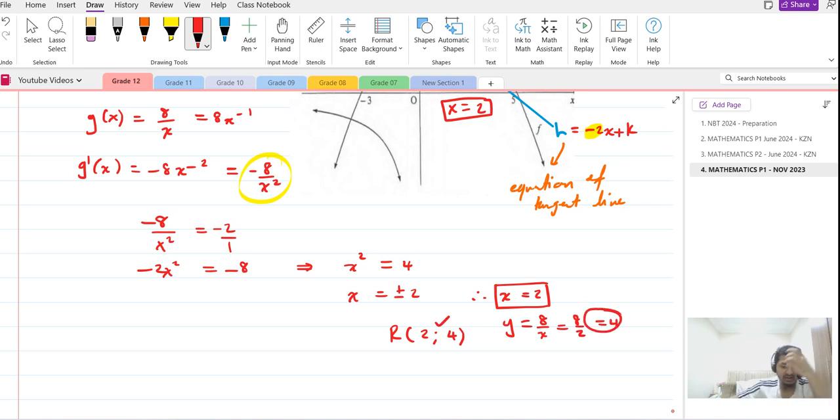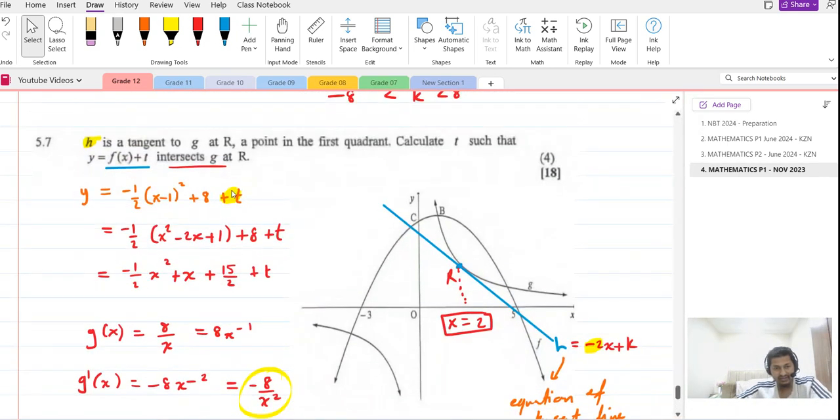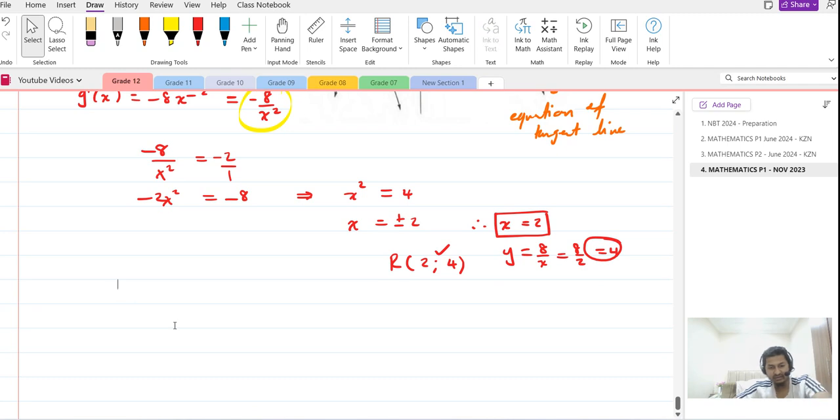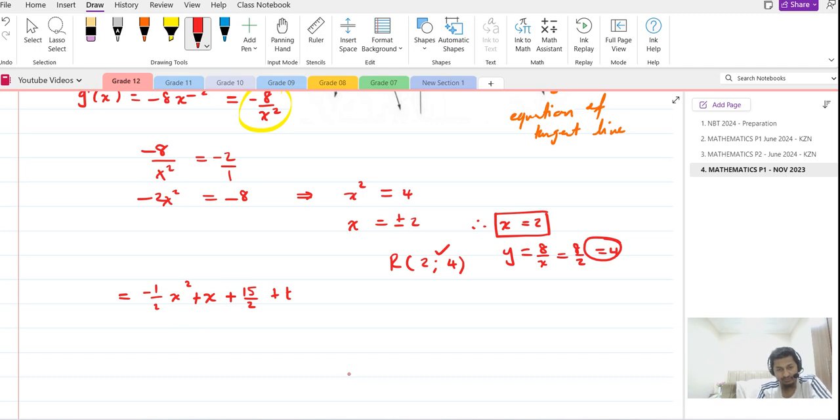Now we need to find the value of t. So we're going to substitute inside here, which we expanded. Lucky we expanded that. We're going to write down 2 and 4 at r. Right, so the value of y is 4, equal to minus half into 2 squared plus 2 plus 7.5 plus t.